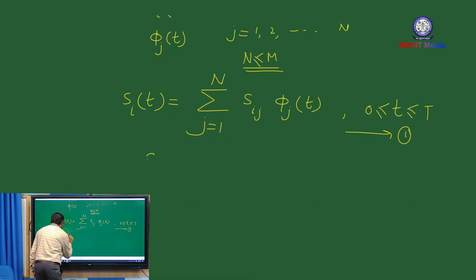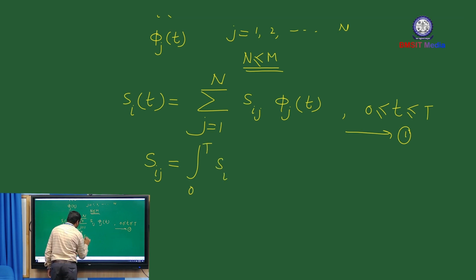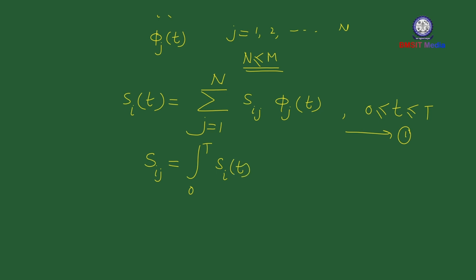Sij is defined as Sij is equal to the integral from 0 to T of Si of t phi j of t dt. This also exists over the interval 0 to T. Let me call this equation 2.